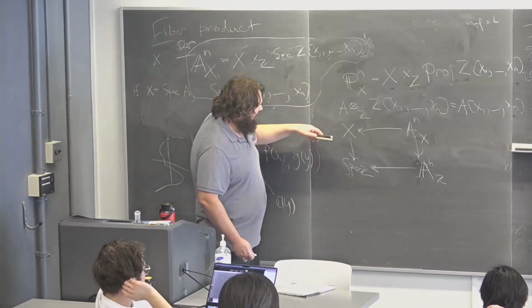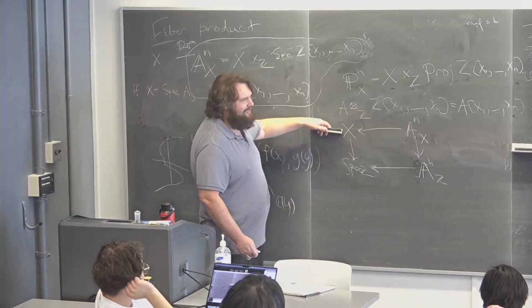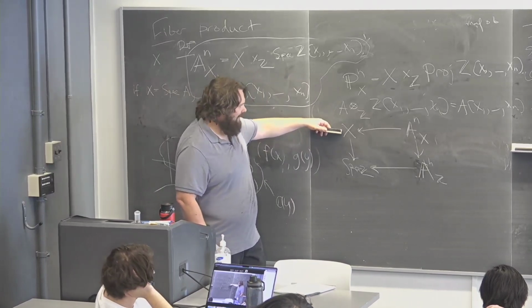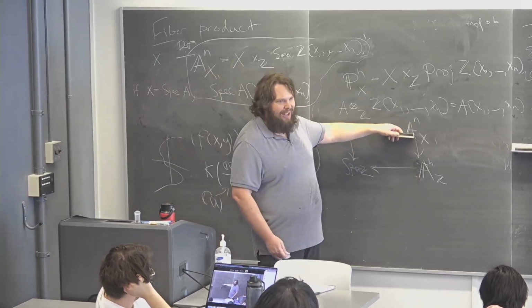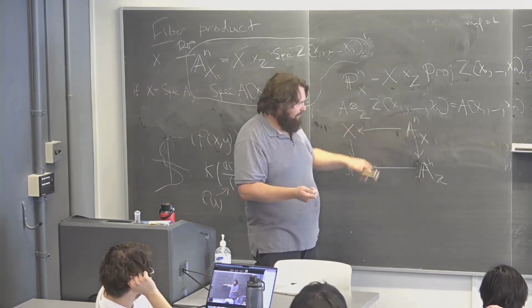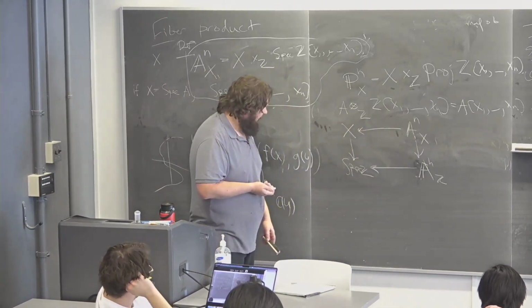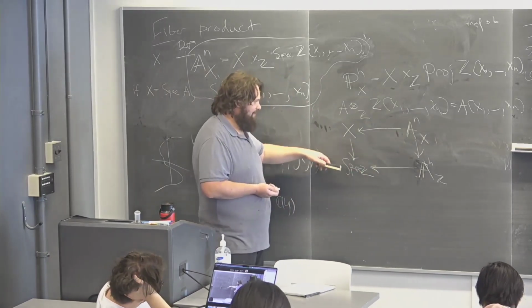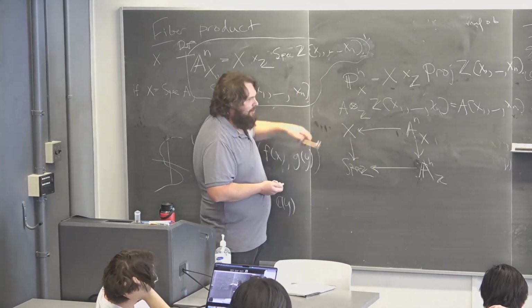But it's going to be kind of weird, because points in X can have different residue fields. So over a point with a given residue field, I'm getting a copy of n-dimensional affine space over that field. And I'm taking the A^n over Spec Z and spreading that out with X as the base.